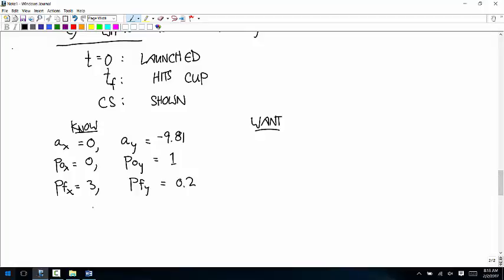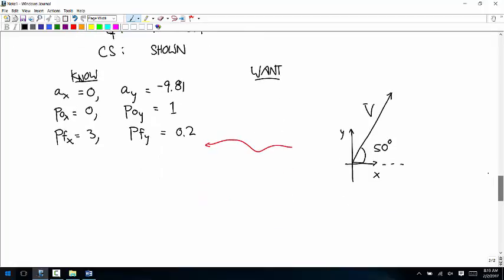So for doing the velocity, we know that it's a vector like this, and we'll say that the magnitude is v. We don't know what that is yet. But we know this angle is, did I say 50 degrees? And so we can represent everything in terms of this one variable v.